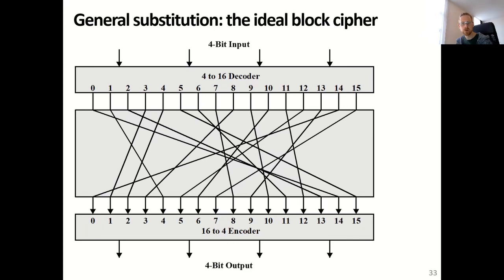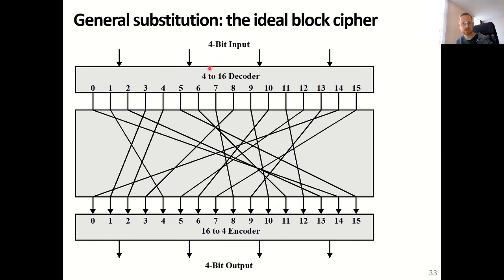A block cipher operates on plaintext blocks of a certain number of bits to produce ciphertext blocks of the same size. For a block size of n bits, there are 2 to the n possible different plaintext blocks. And for the encryption to be reversible, each must produce a unique ciphertext block.